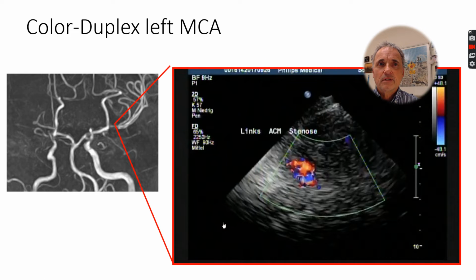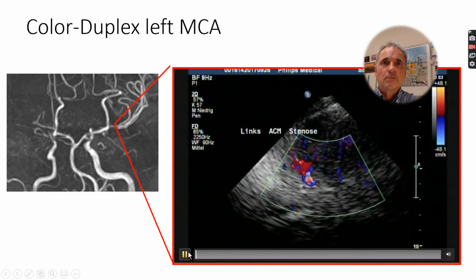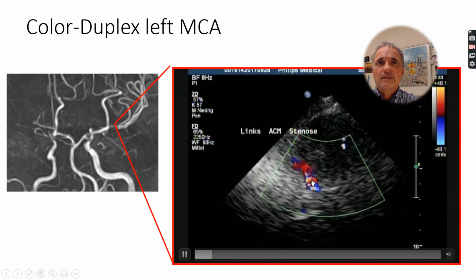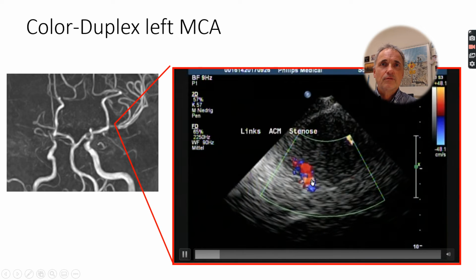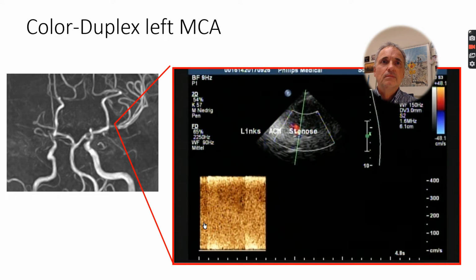The left MCA stenosis was pronounced with an aliasing effect, so you can easily identify the location and place your sample.